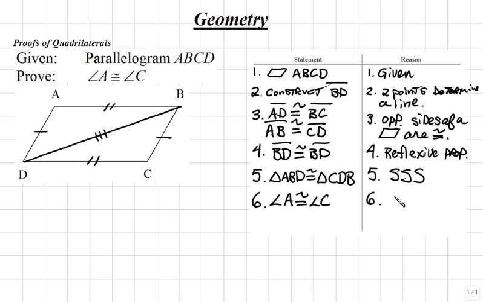We'll abbreviate this as CPCTC. Corresponding parts of congruent triangles are congruent. And so from this proof, we've been now able to prove that angle A is indeed congruent to angle C. So this completes the proof that we wish to show.